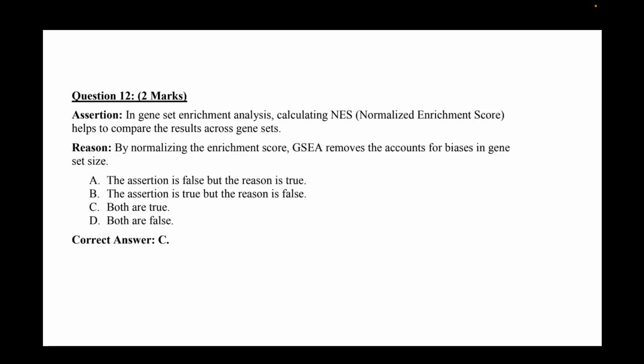That is why you normalize the enrichment score by the gene set size to get the normalized enrichment score. If you have two gene sets with different numbers of genes, say one with 15 and another with 30, after you normalize you can directly compare the enrichment scores. That is why normalization is important. So yes, both are true.